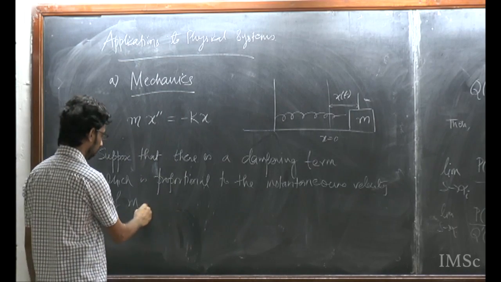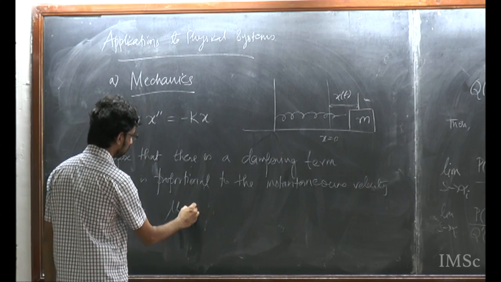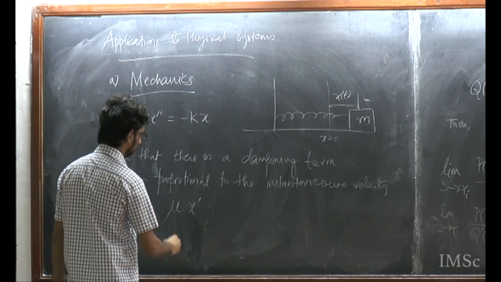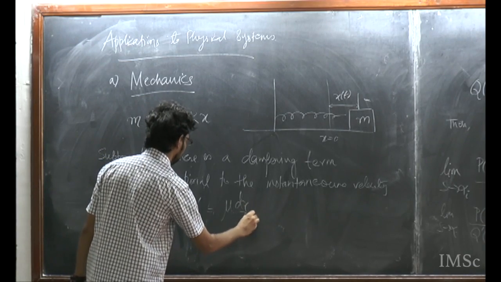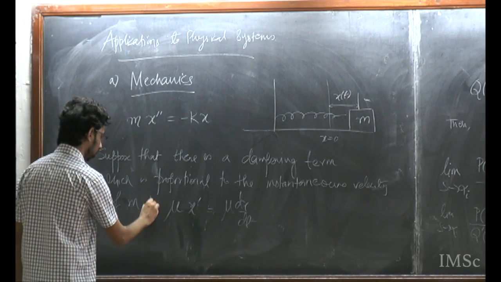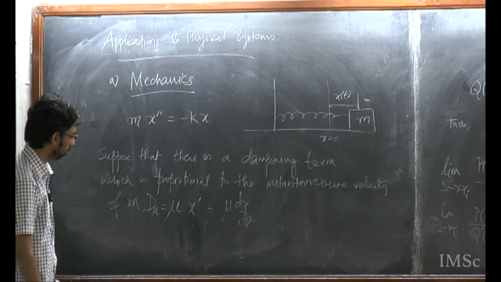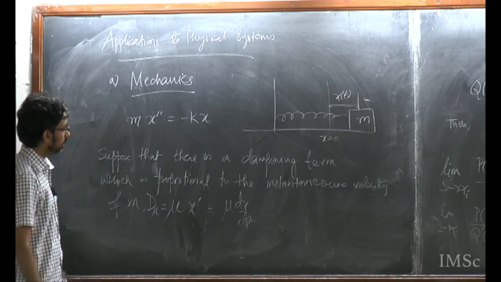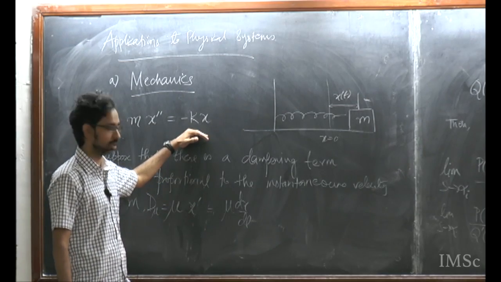So this is given by some constant mu times x prime, that is mu dx by dt, and this is the damping term. When this exists, you have to take it into account in this equation.